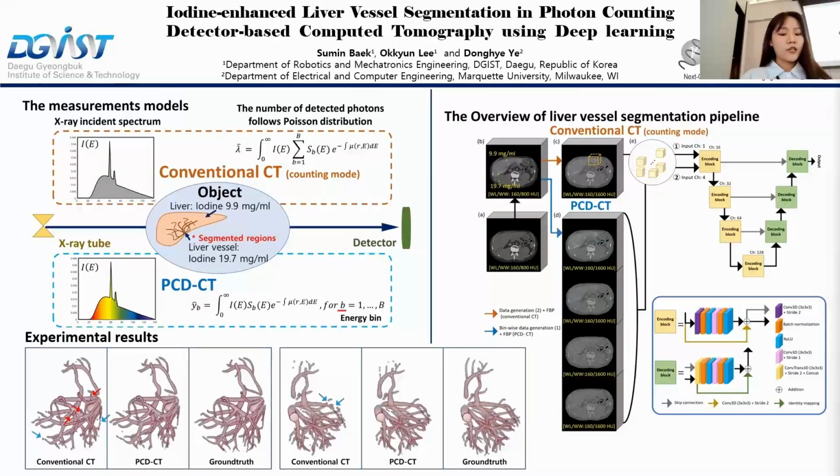We injected iodine agents into the liver vessels, and we used a 3D UNet network for segmentation. We found that the segmentation using photon counting CT outperformed the segmentation using conventional CT. Therefore, using photon counting CT would more likely improve diagnosis and management of liver vessel disease.